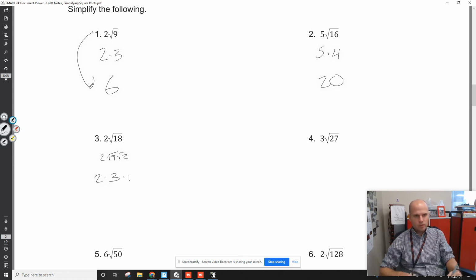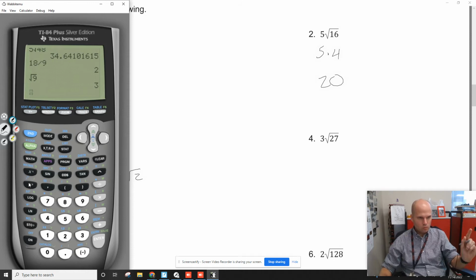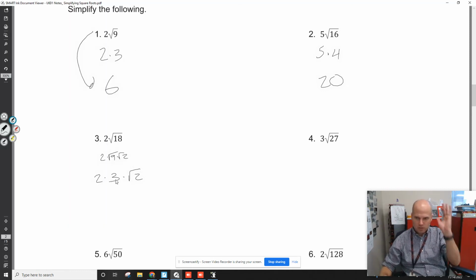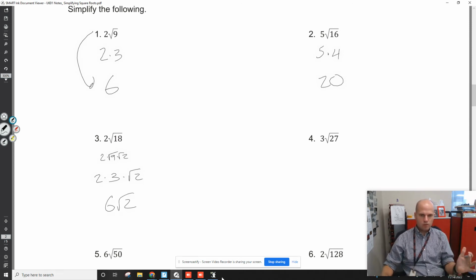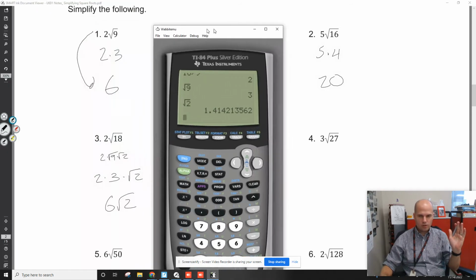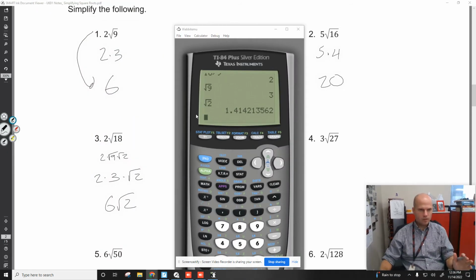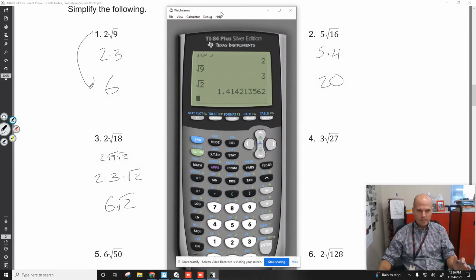The square root of 2 is a decimal, so you don't replace the square root of 2 with anything because it's an ugly number. But you got 2 times 3 times root 2. 2 times 3 can be simplified to be 6, 6 root 2. Let me just show you. 2 root 18 is the same as 6 root 2.